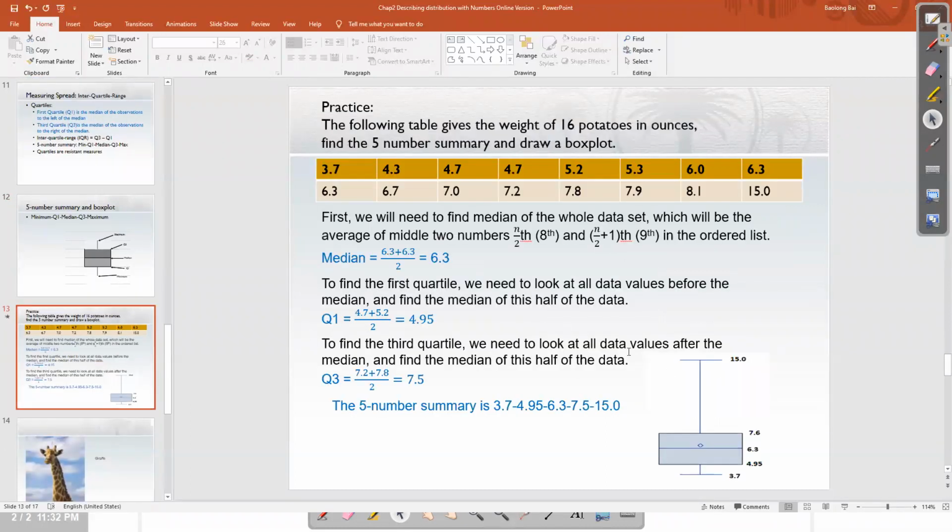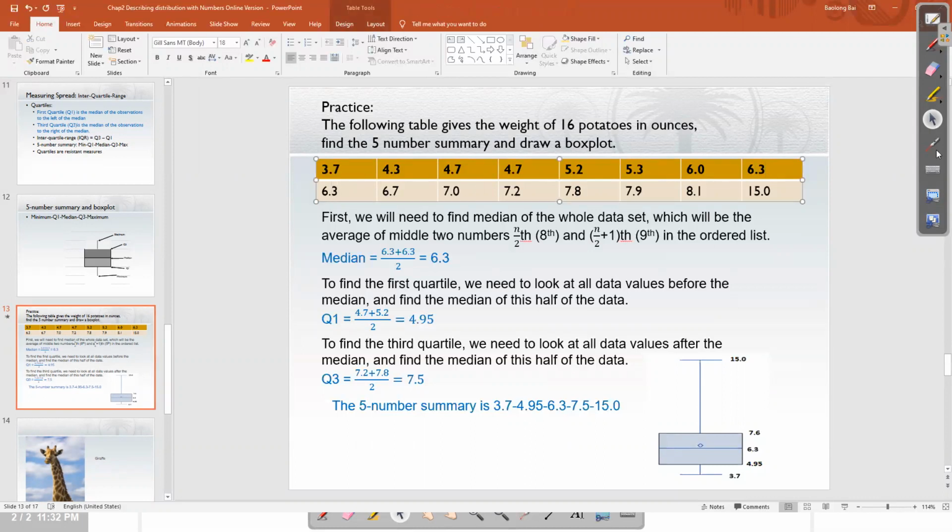For example, we're going to work on a data set. We have 16 potatoes, measured in ounces. We need to find the 5-number summary of the data set and then draw a box plot. You can find the overall median is 6.3, right? Because that's number 8 and number 9.